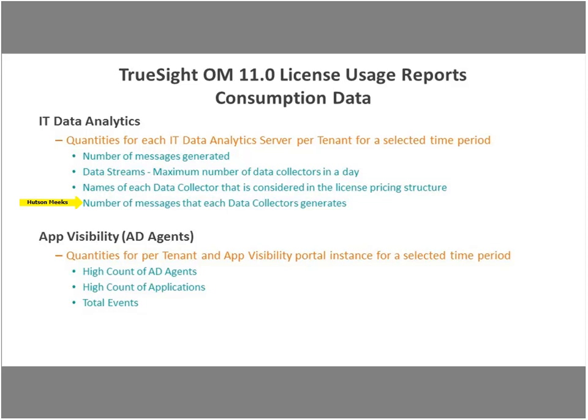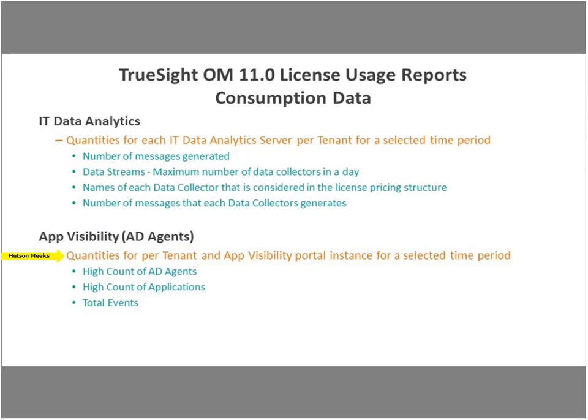From an app visibility perspective, meaning what used to be called the AD agents, that's the Java agent and the .NET agent that we talked about earlier, a report can be generated that shows the quantities for each one of these items here, again, per tenant and app visibility portal instance, and again, for a selected period of time. So you're picking the selected period of time that you care about on most of these reports.